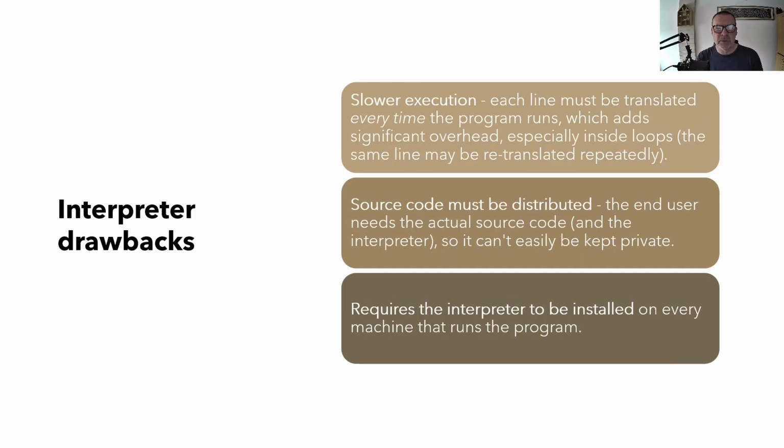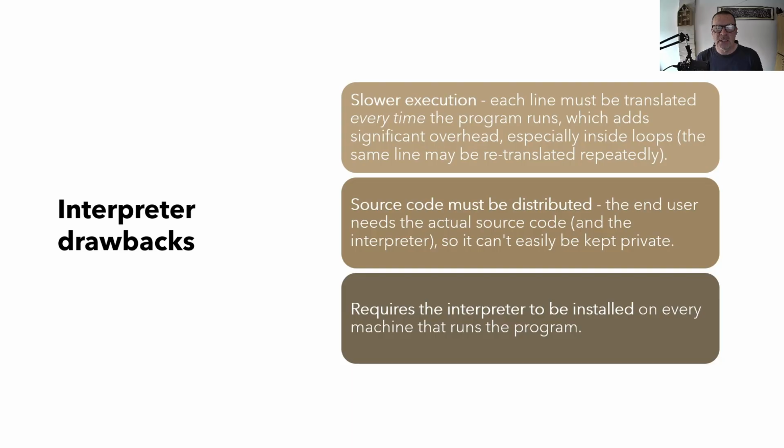Drawbacks of interpreting are slower execution. You have to translate the code every single time. No matter how many times you've run it before, you've still got to translate it. And that can be significant because some code is going to be run many, many times and it has to be translated every single time.